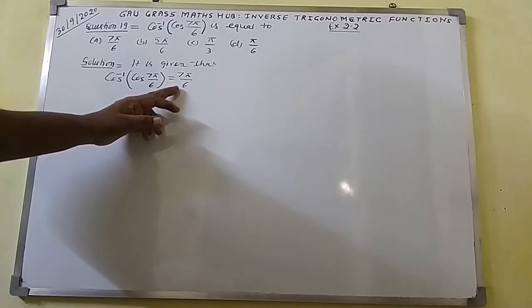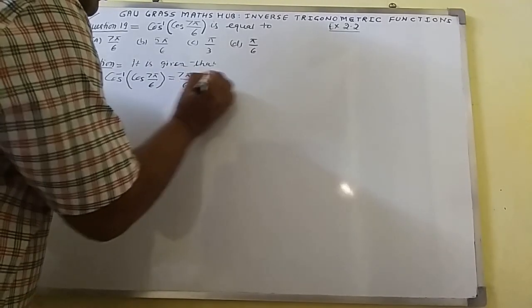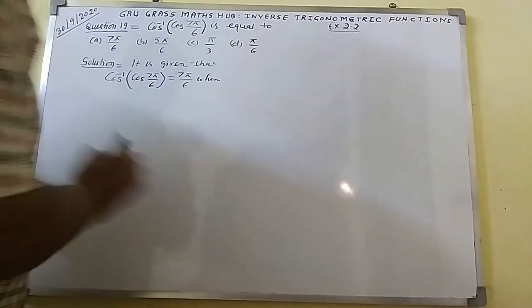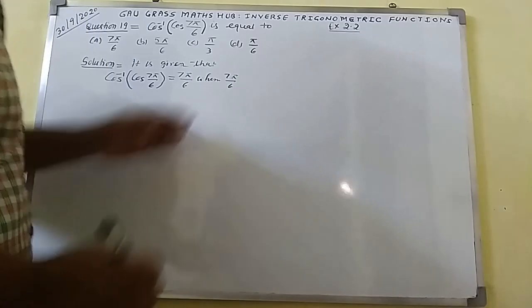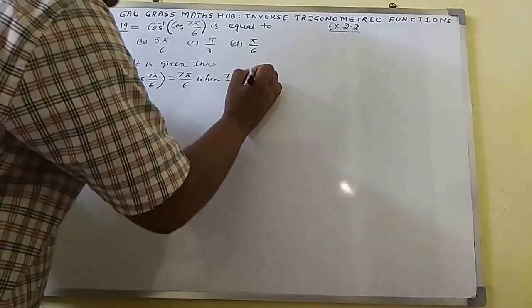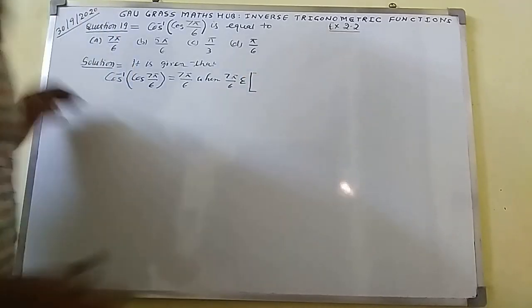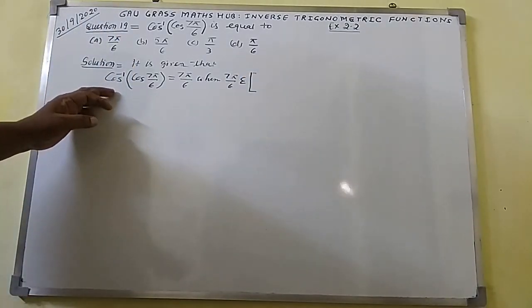So for 7 pi over 6, you have to determine whether 7 pi by 6 belongs to the closed interval that is the range of cos inverse. What is the range of cos inverse?